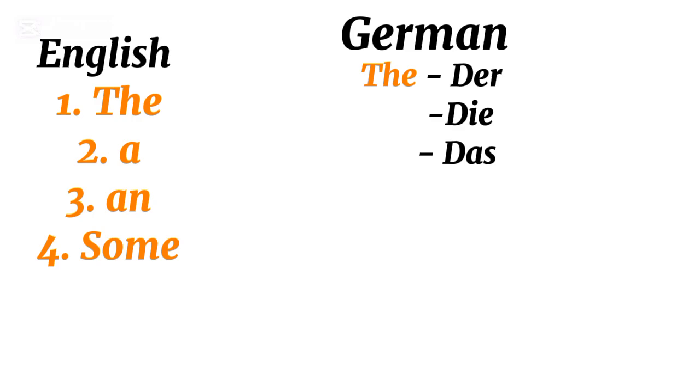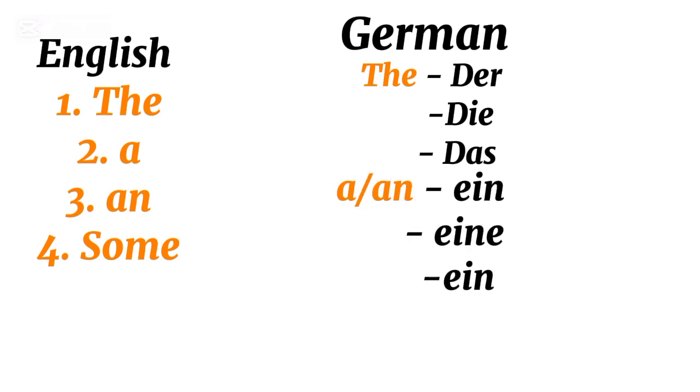They both mean the same thing, but now we use gender to differentiate them, okay? So you'll find that this a and an in English, in German, it is ein for masculine, eine for feminine, ein for neuter, and zero in plural, okay?